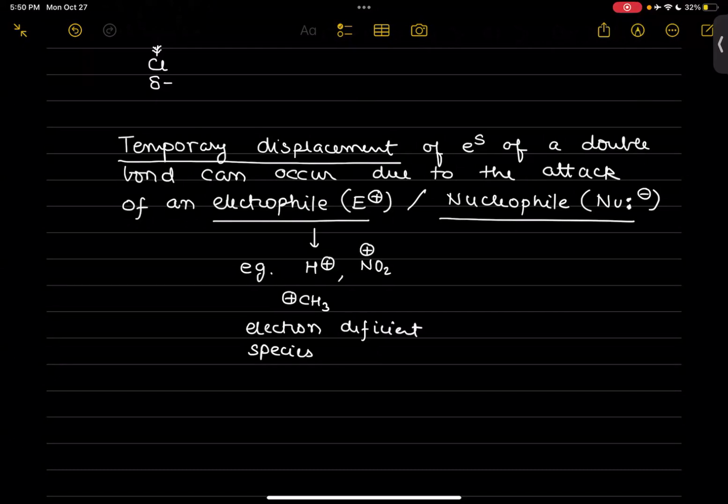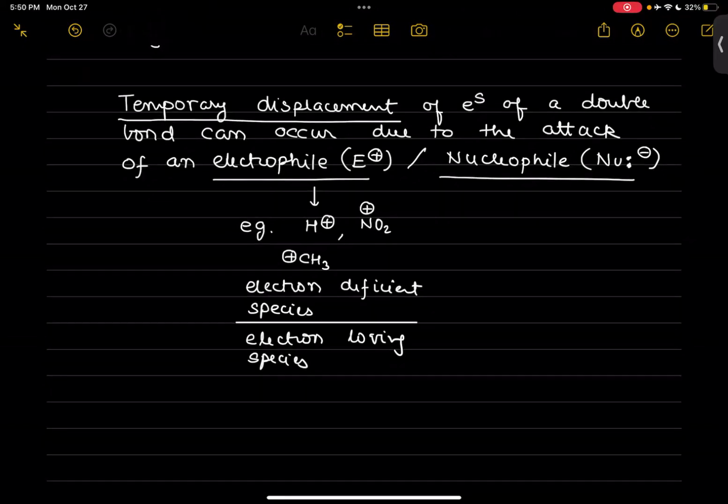Why do they love to accept electrons? Because they are deficient, because they don't have electrons. That's why they want to get electrons from other molecules. Examples are H plus, NO2 plus, CH3 plus, X plus, which can be halogen plus.